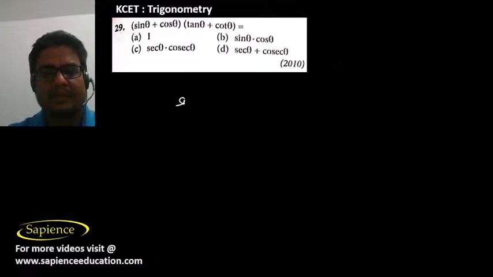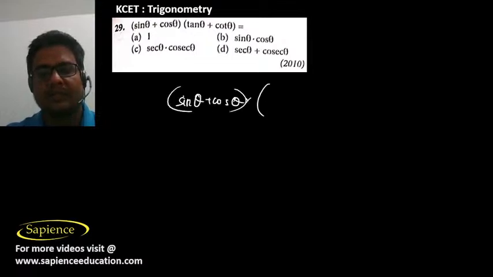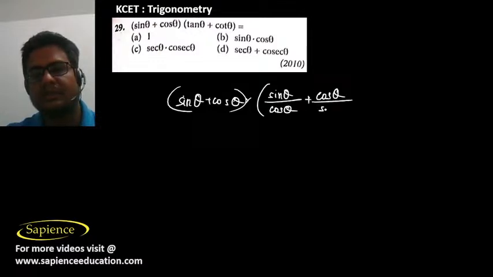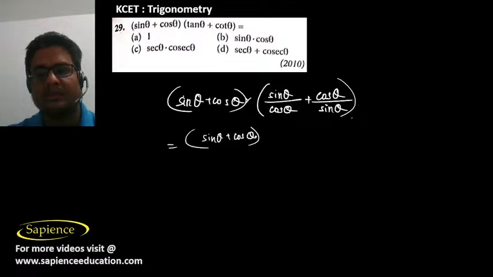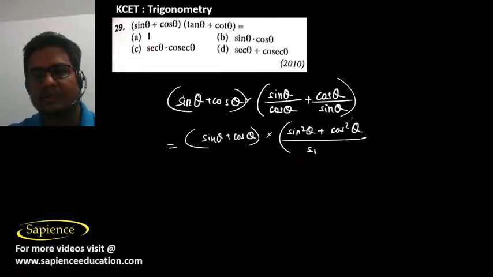And then here it is told that sine theta plus cos theta into tan theta plus cot theta. Tan theta is sine theta by cos theta plus cos theta by sine theta. So this will be sine theta plus cos theta into, if you take the LCM, sine square theta plus cos square theta divided by sine theta cos theta.